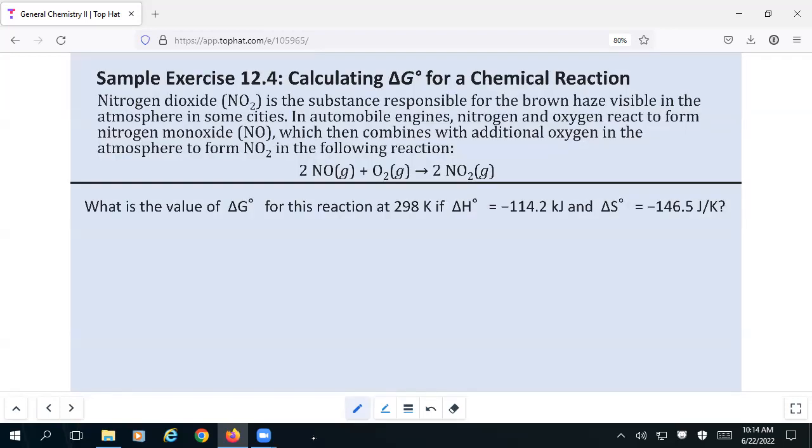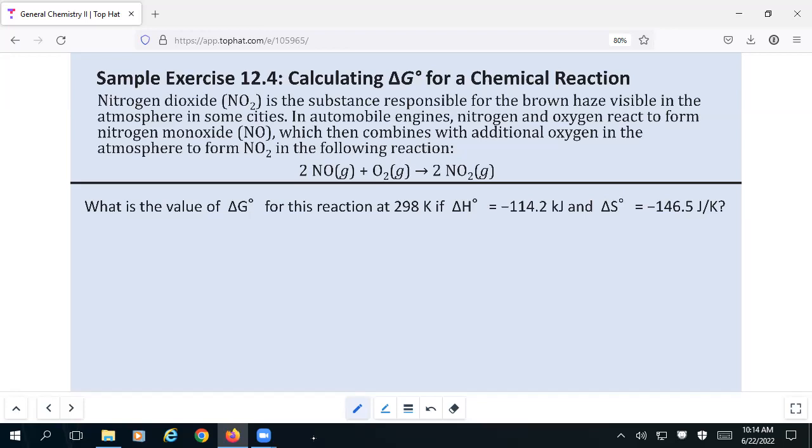All right, let's do an example. Nitrogen dioxide is the substance responsible for the brown haze that is known broadly as smog. In automobile engines, nitrogen and oxygen will react to form nitrogen monoxide, which then combines with more oxygen in the atmosphere to form nitrogen dioxide.